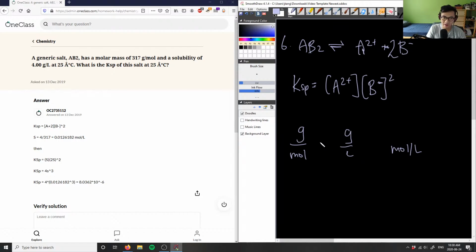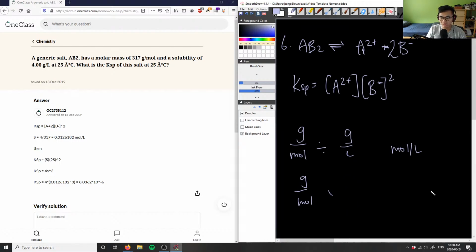So I'm going to have to divide these two here. Grams per mole multiplied by liters per gram. Let's see, that actually might not work out because I get liters per mole, which is not correct here.